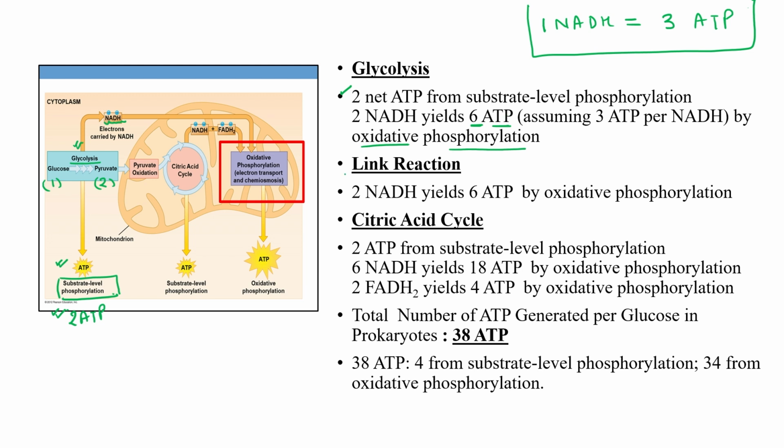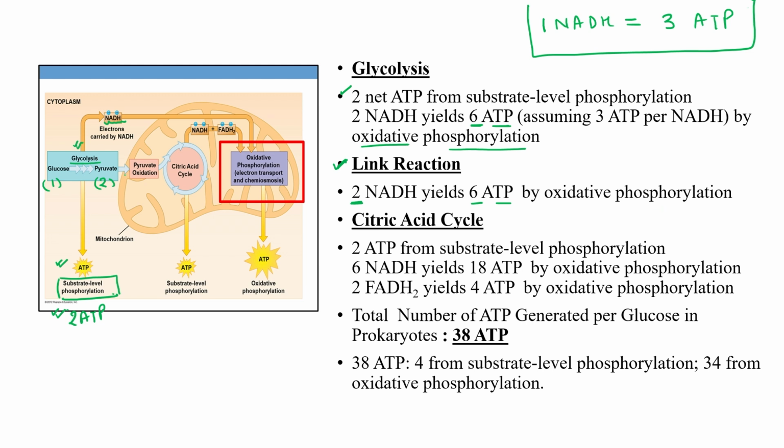Clear? And during the link reaction, just now we have seen the link reaction. During the link reaction, where pyruvate gets converted into acetyl coenzyme A, at that time 2 molecules of NADH are also generated, which further give us 6 molecules of ATP by oxidative phosphorylation. Clear?